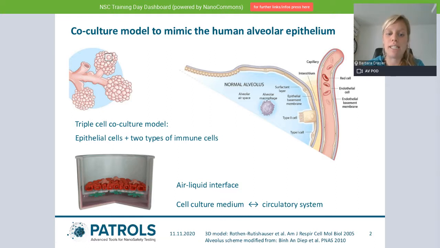We can use then the cell culture medium to serve as the circulatory system, to bring the nutrients to the tissues. And importantly, those transwell membrane inserts enable us to cultivate the model at the air-liquid interface, which is for the lung compartment very important.